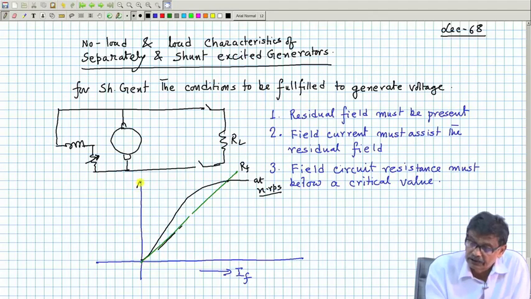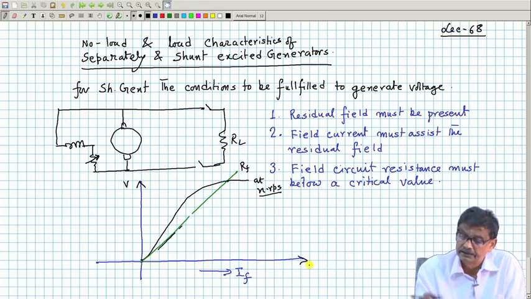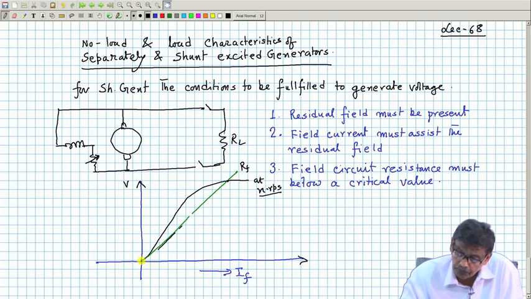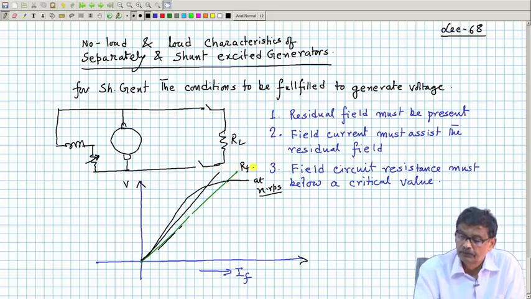Mind you, this is the voltage axis and this is the current axis. Field V by I is RF, so its slope will go on rising. If you make it RF1, which is greater than RF, the induced voltage under open circuit will become less.